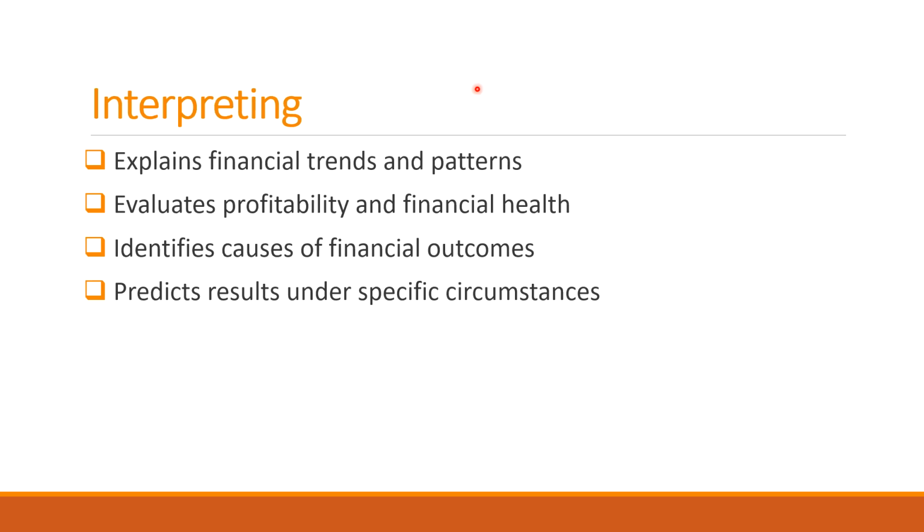One of the main objectives of accounting is to explain financial trends and patterns over time. By analyzing past data, businesses can spot trends that reveal how their financial situation is evolving.